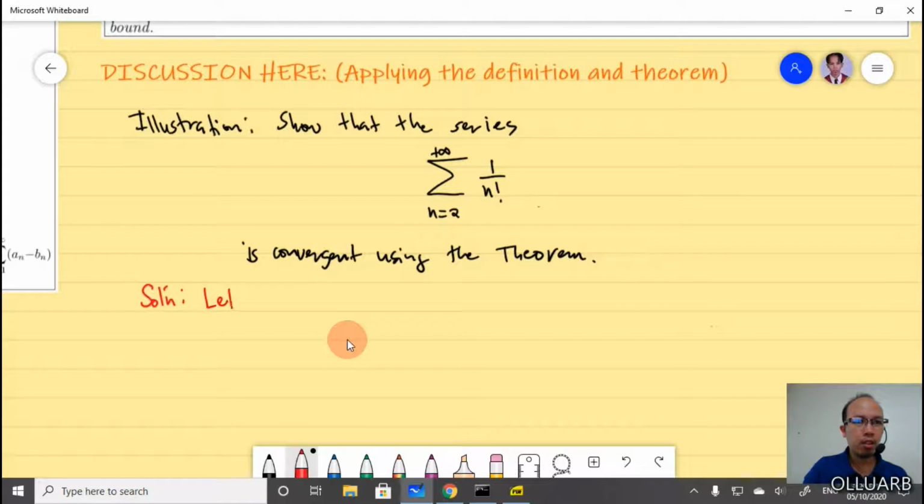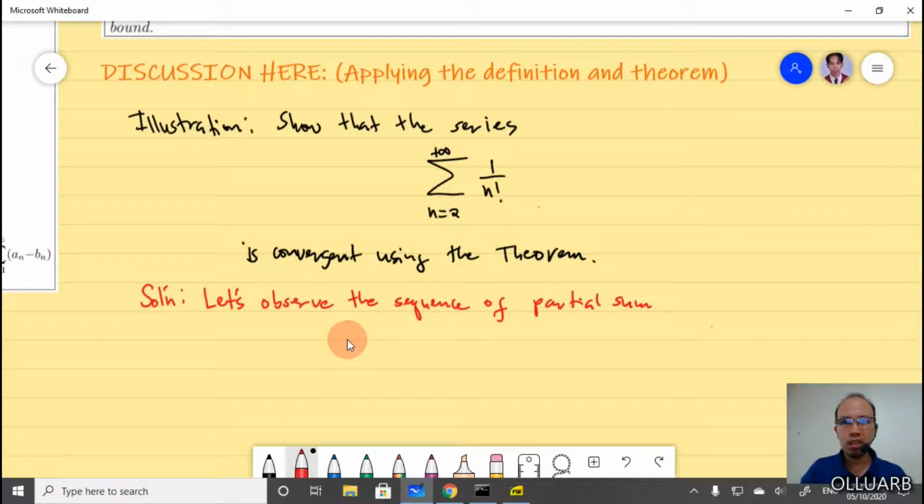Let's observe the sequence of partial sums of the given series.